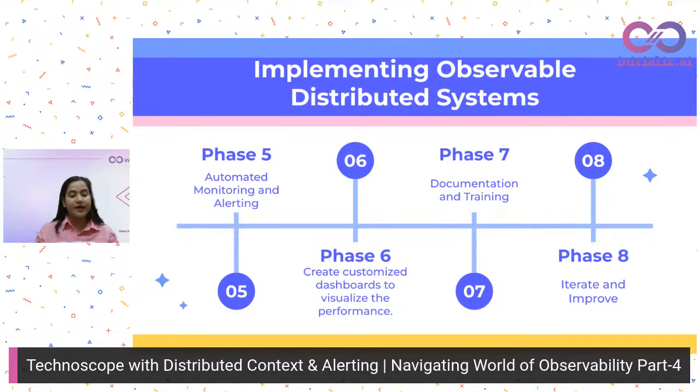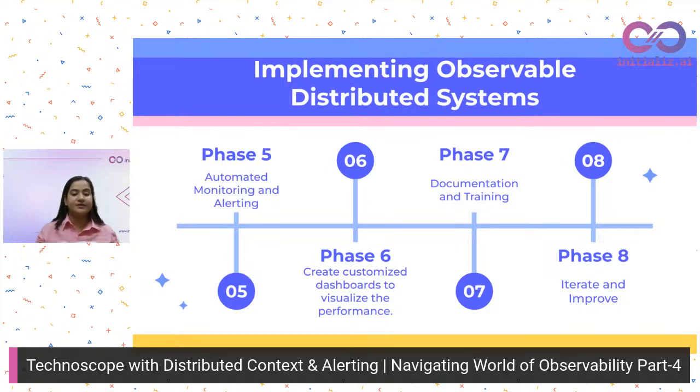Moving ahead, we have some other phases such as automated monitoring and alerting. Setting up monitoring and alerting with predefined thresholds is something we will be talking about today. So let's skip this one. And you're already familiar with visualization and dashboards.